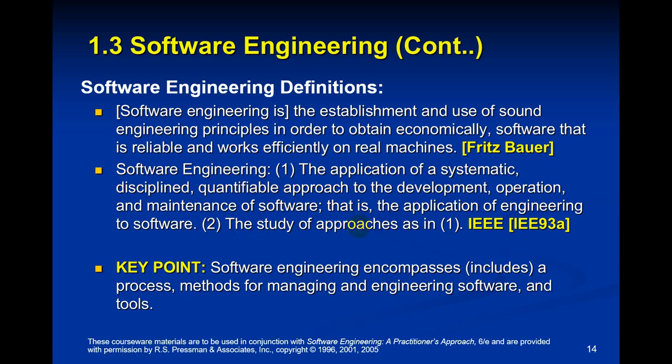So the key point is that software engineering encompasses a process, methods for managing and engineering software, and tools. That means software engineering is a subject that has processes and methods for managing and engineering software: making a software, testing a software, maintaining a software. That is how we define software engineering.